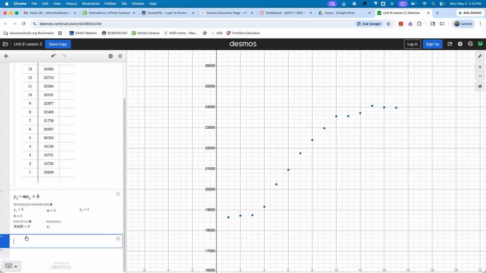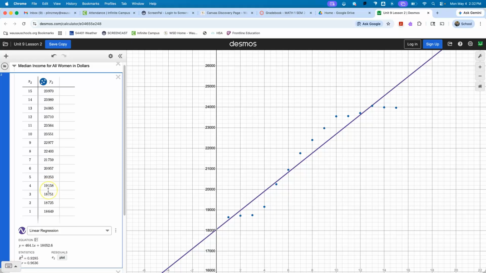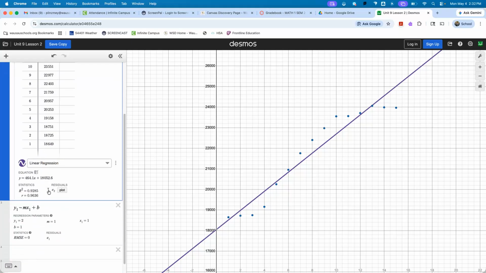And when you do that, it also puts in, come on now, come back to me. Why is it not showing? I don't know why it's not showing. Anyways, it would show you the same thing, because those are going to be the same.